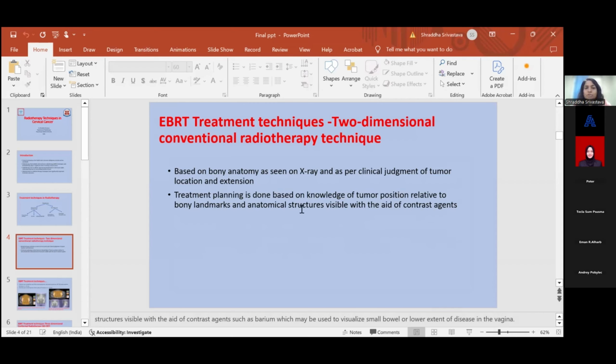So the planning of the treatment of the patient is done with the help of bony landmarks and the anatomical structures which are visible around the tumor with the help of contrast agents. For example, barium may be used to visualize small bowel or lower extent of disease in the vagina.